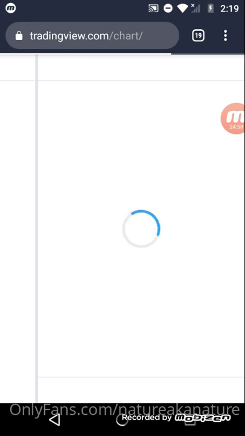Bringing up this chart, so it's going to take a second. Boom. I'm gonna show you my pairs and stuff. I use TradingView for my ideas.